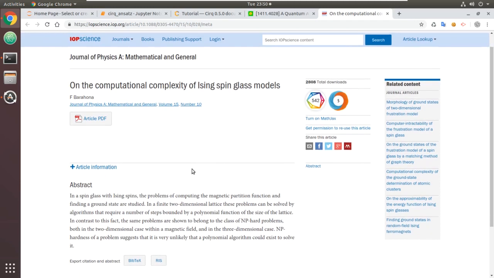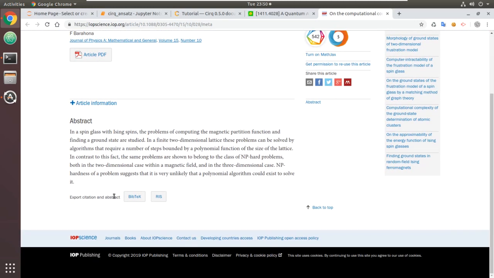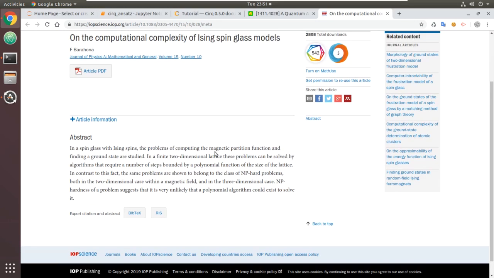Ising spin glass models. In the spin glass with Ising spins, the problems of computing the magnetic partition function and finding a ground state are studied. In a finite two-dimensional lattice, these problems can be solved by algorithms that require a number of steps modeled by a polynomial function. In contrast, the same problems are shown to belong to the class of NP-hard problems, both in the two-dimensional case with a magnetic field and in the three-dimensional case.